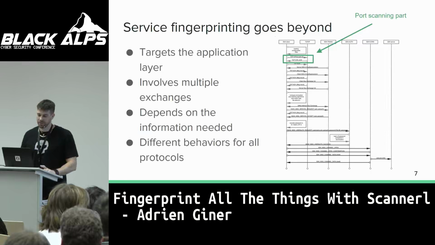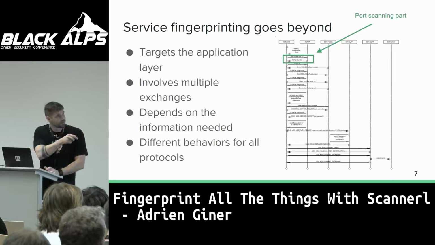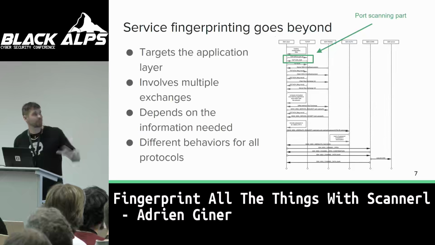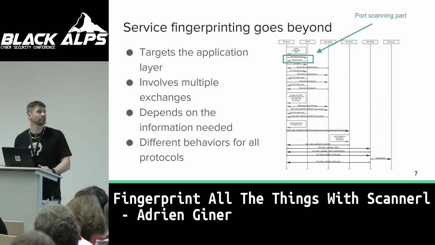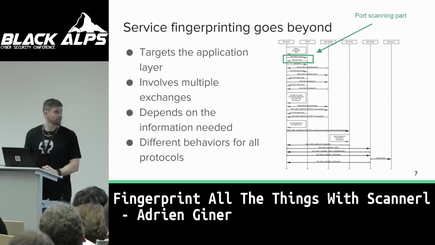As you can see, there are much more efforts to communicate with the servers. The green rectangle there is simply the part that is doing the port scanning. So fingerprinting goes way beyond. You have to be able to understand the protocol and talk with the service in a way that provides you the information you're looking for.